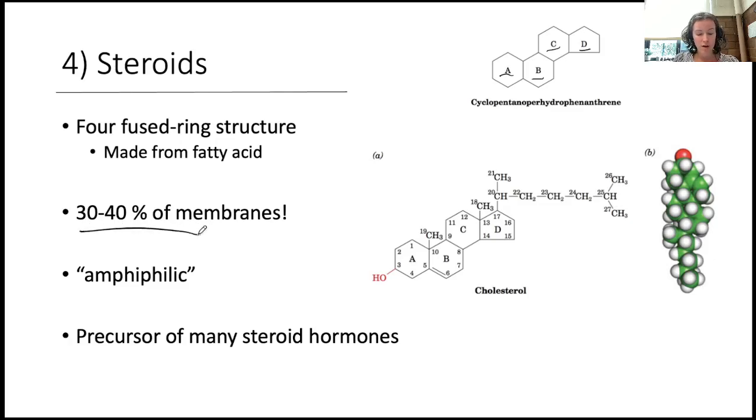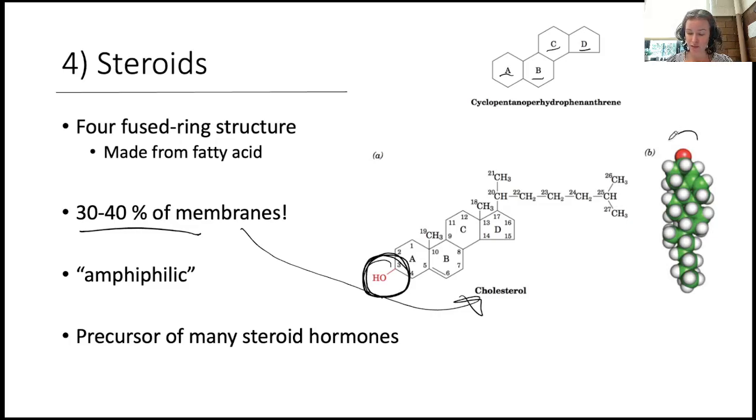Now, steroids are very important for our lipid bilayer, okay? They make up 30 to 40% of our membranes, specifically cholesterol, right? Cholesterol is an incredibly important aspect of our bilayers. We do consider steroids to be amphiphilic because, for example, cholesterol has a hydroxyl group sticking up.